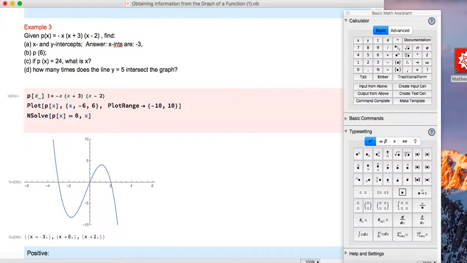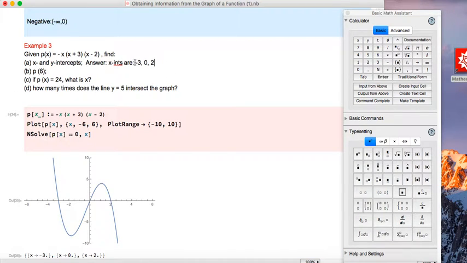I would say negative 3, 0, 2. If you state them as points, you should write them as a point: negative 3, 0, then 0, 0, and then 2, 0. So 3 points.